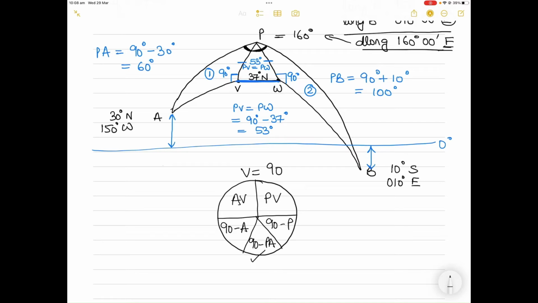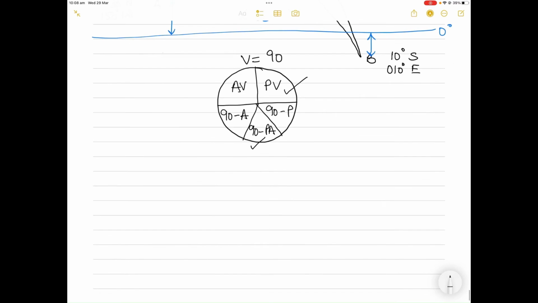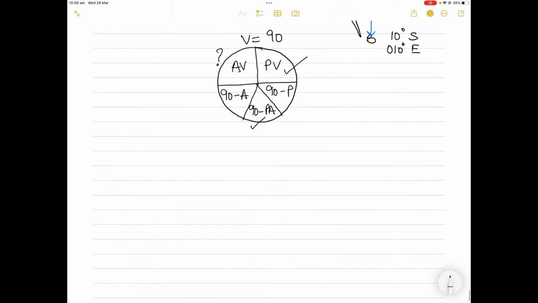So what do I know here? I know PA and I know PV, and what I will find out firstly is AV. So how do I find out AV? I will use the rule of cosines, because the two things that I know and the one that I don't know are in the rule of opposites here, so they are not adjacent to one another.